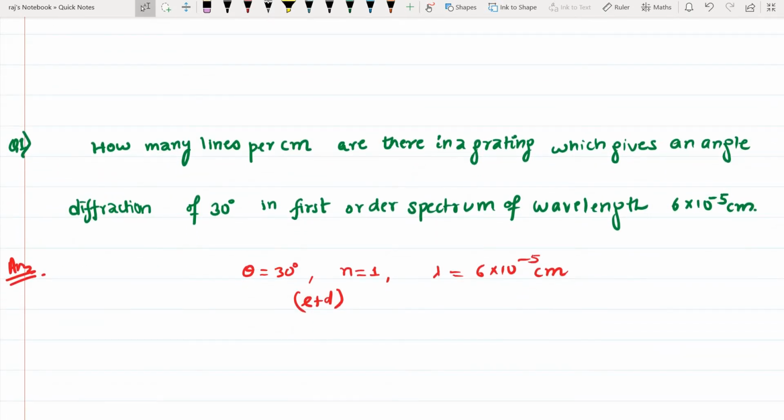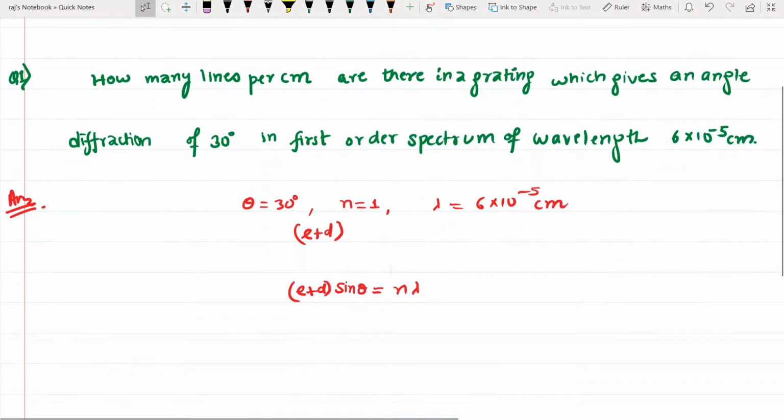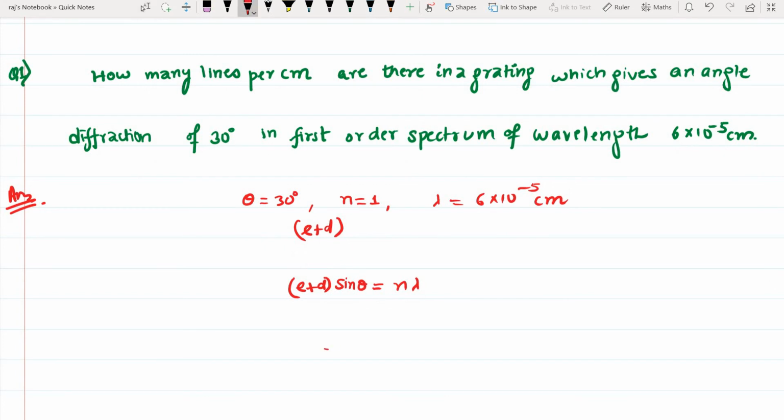E plus D sin theta is equal to n lambda, as we all know. So substituting these values, we can get the value of E plus D. E plus D is n lambda by sin theta.